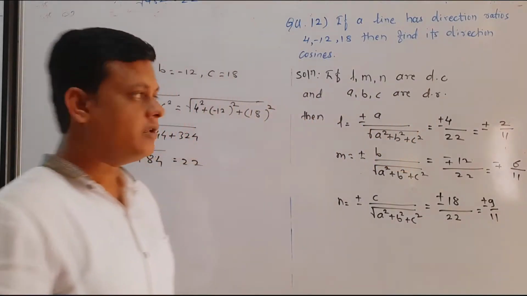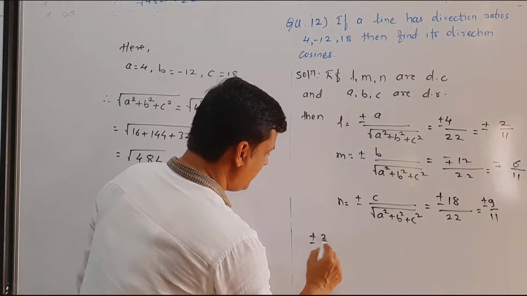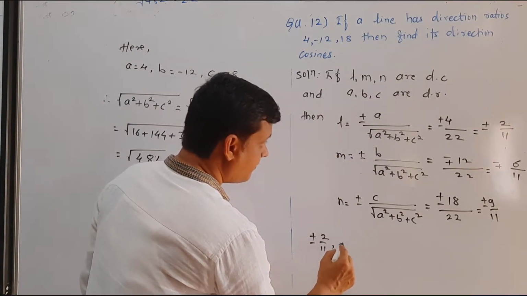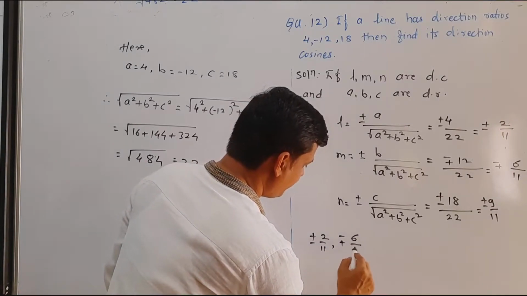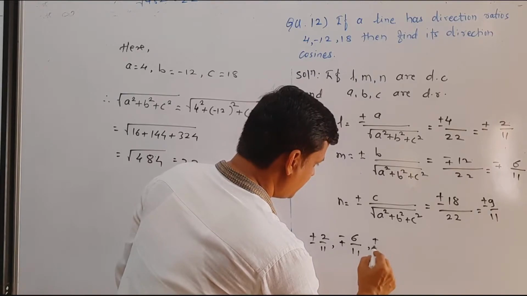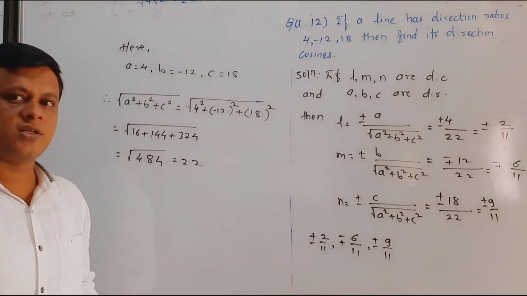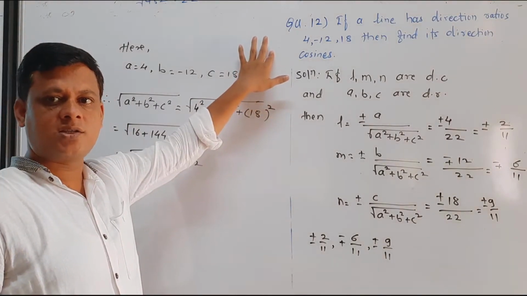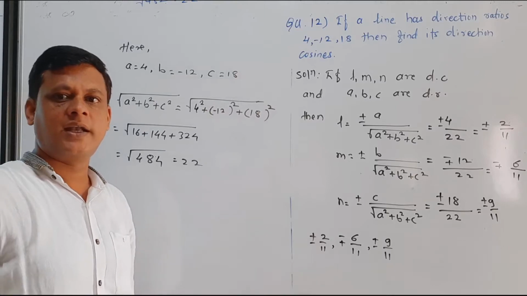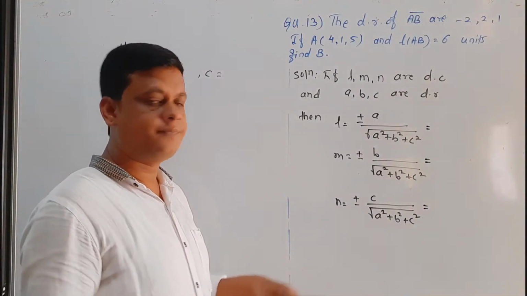So the direction cosines are plus or minus 2 by 11, minus plus 6 by 11, then plus or minus 9 by 11. So in this way we find direction cosines when direction ratios are given, by using the relation between direction cosines and direction ratios.